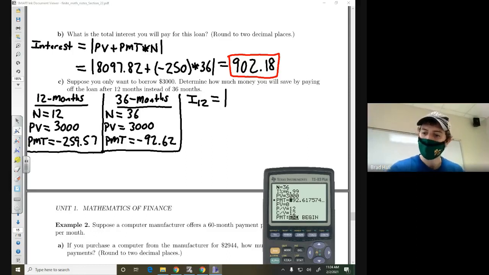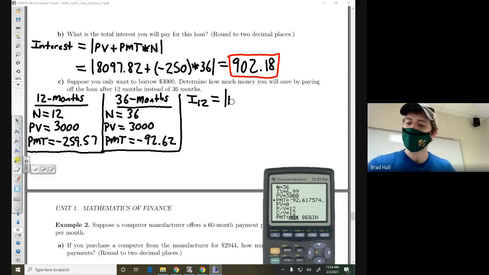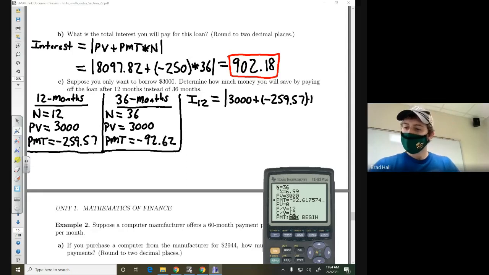So the interest over 12 months, absolute value of PV, actually I won't even write PV now. I'll just write in what PV was, which is 3,000, plus the PMT, which was $259.57, times the 12 months I paid it off in.